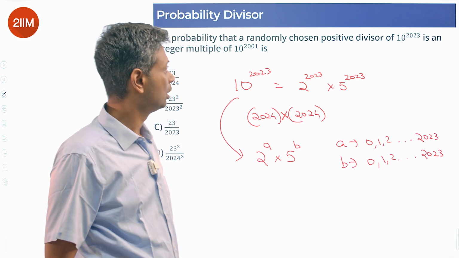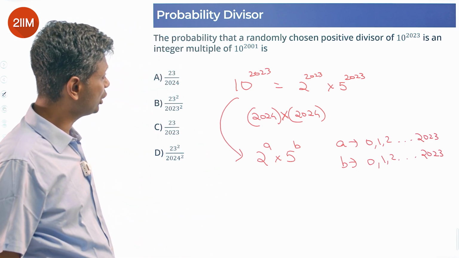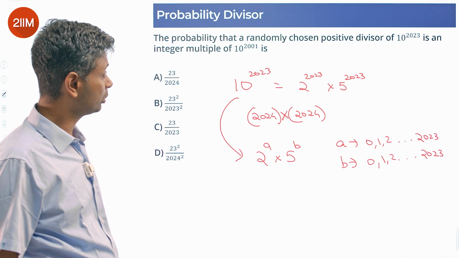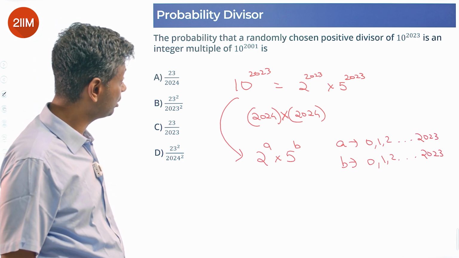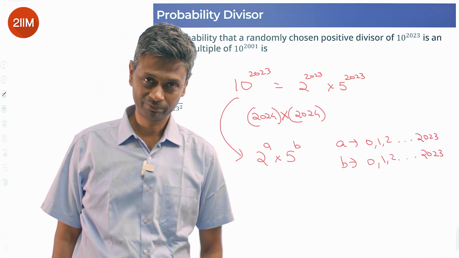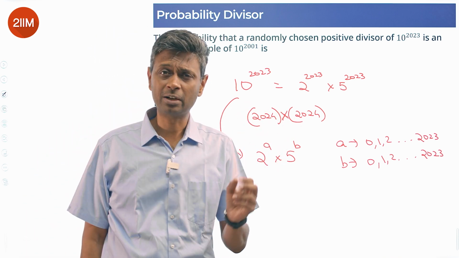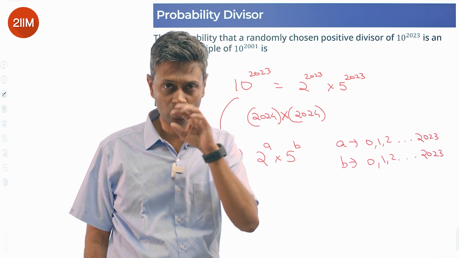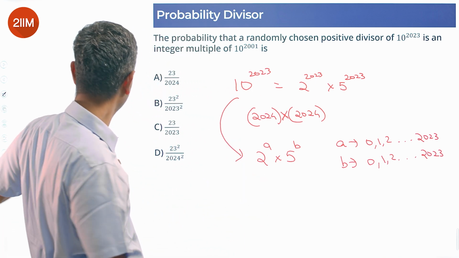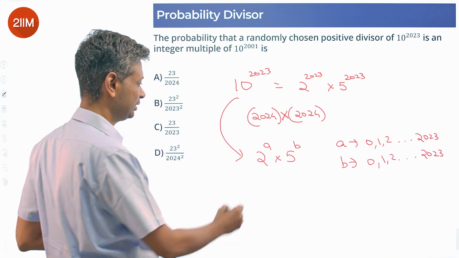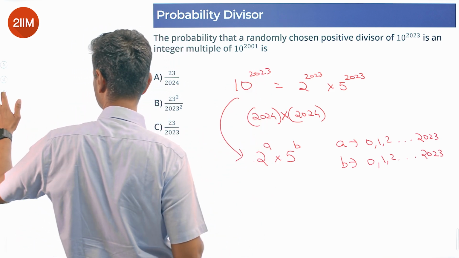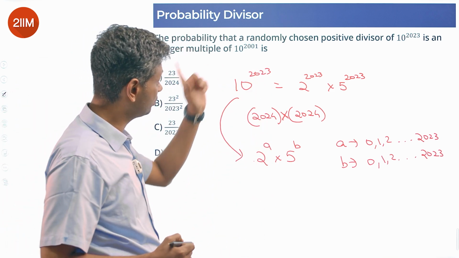Nice, brilliant. Now, probability that a randomly chosen positive divisor of 10 power 2023 is an integer multiple of 10 power 2021. Denominator is this 2024 whole square. That many factors are there for this number. What is the numerator? Under what conditions will this factor of this number be a multiple of 10 power 2021?